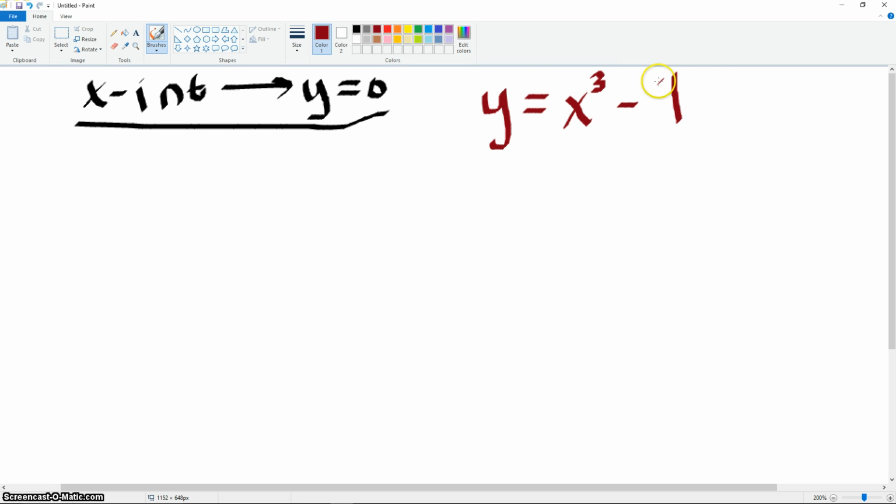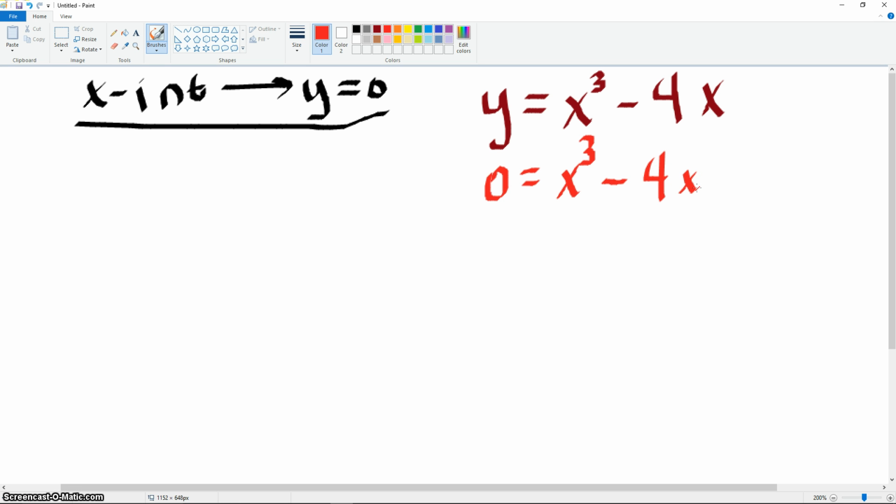Now we're going to go ahead and apply what we just stated. The fact that we know for sure is that y is equal to 0. So we get 0 is equal to x cubed minus 4x.